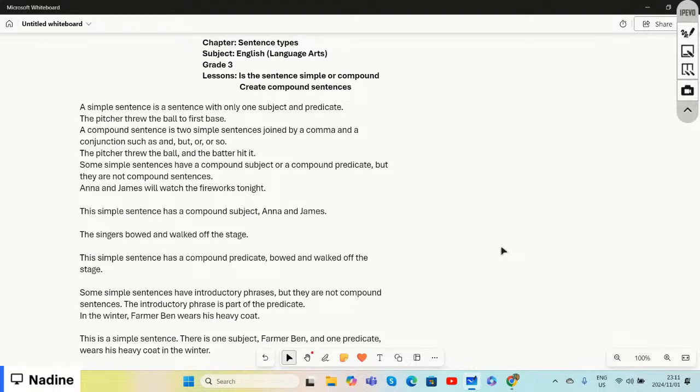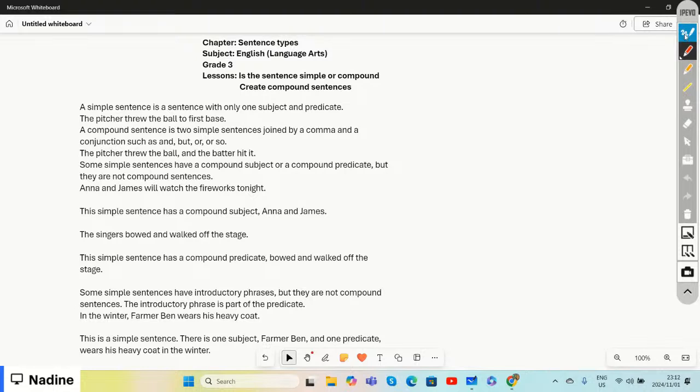So a simple sentence is a sentence with only one subject and only one predicate.